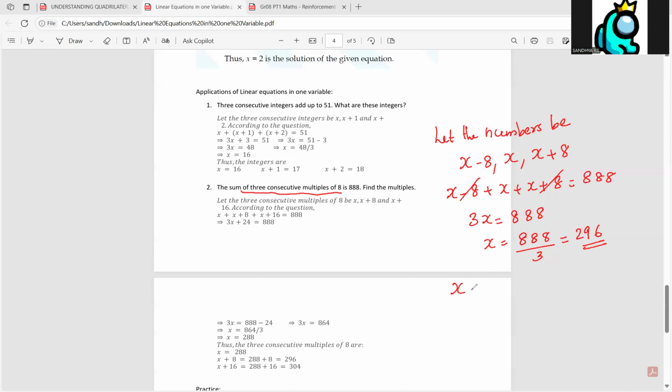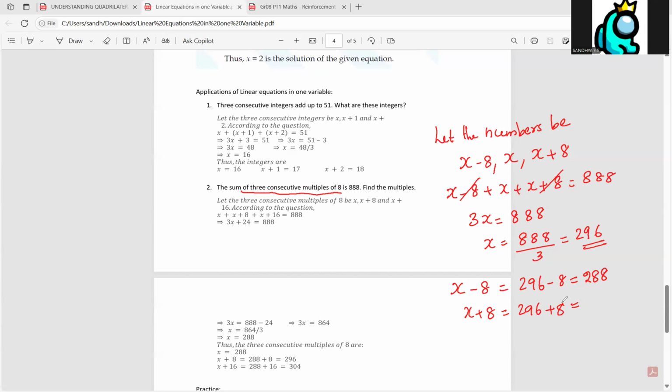So now you need to find the other numbers. x minus 8 is 296 minus 8, and x plus 8 is 296 plus 8. 296 minus 8: 16 minus 8 is 8, then 8, then 2, so 288 you will get.